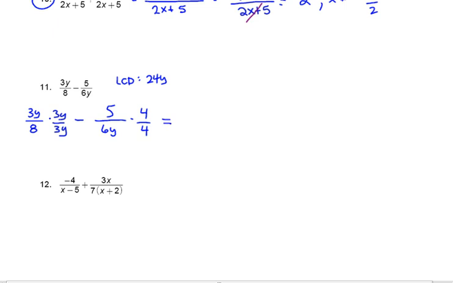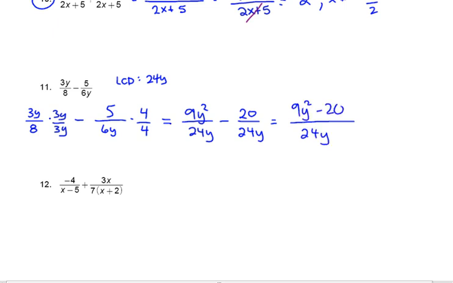Yeah, 3y times 3y is 9y squared all over 24y, minus 5 times 4, 20 over 24y. Now that they have the same denominator, can I write them all over 24y? Yeah. 9y squared minus 20. It's not a difference of squares because 20 is not a perfect square, so we're done.